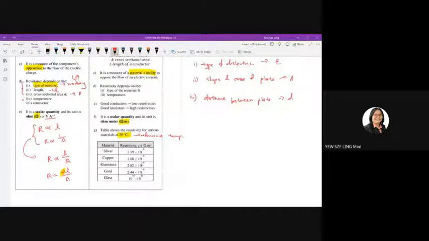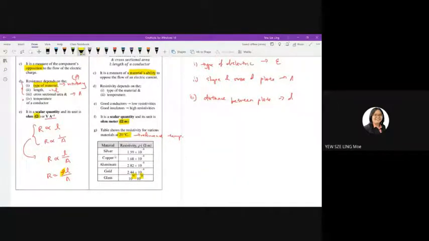So the one with a smaller resistivity means that it is a better conductor. So obviously, if you look at the resistivity is 10 to the power of 10 until 10 to the power of 14. Well, maybe it can conduct current, but it is a very, very bad conductor. It's more to insulator because if you look at the power is up to 10 to the power of 10 and 10 to the power of 14.